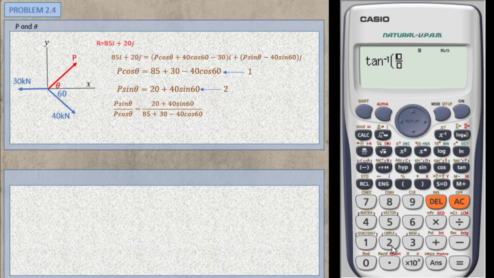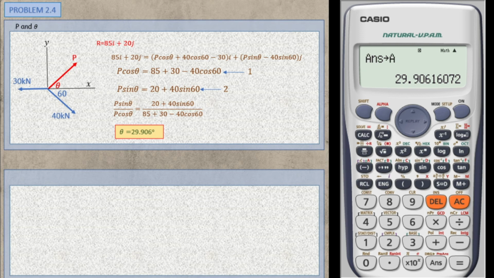So (20 plus 40 sine 60) over (85 plus 30 minus 40 cosine 60). So the answer will be 29.906 degrees. So that will be our angle.